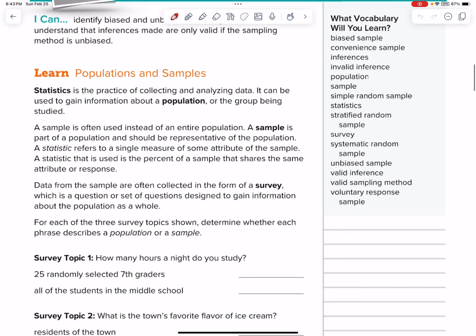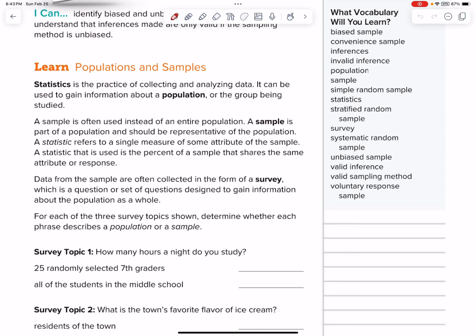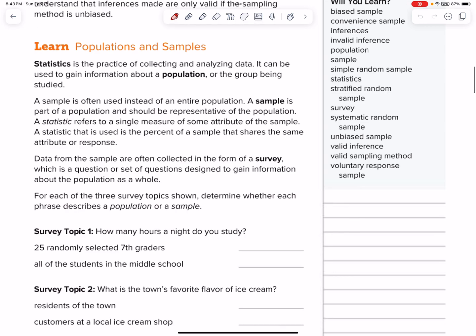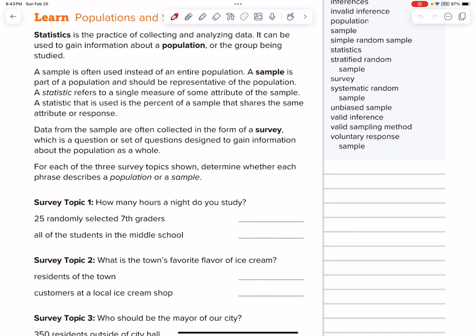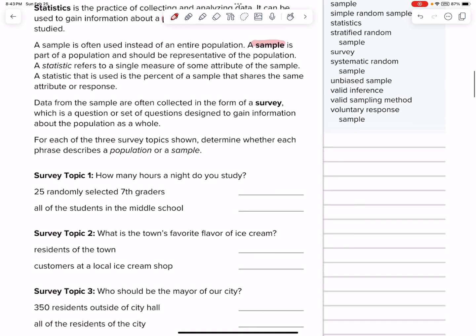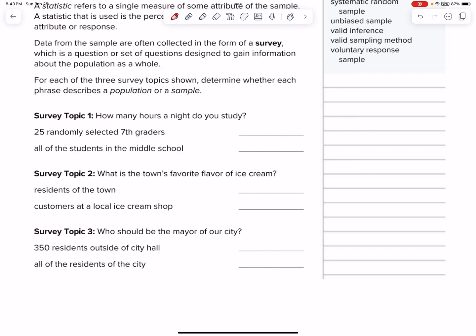The first thing for us to think about is whether a survey covers an entire population, or just a sample of that population, which would be a part of it. We're going to record population or sample size.